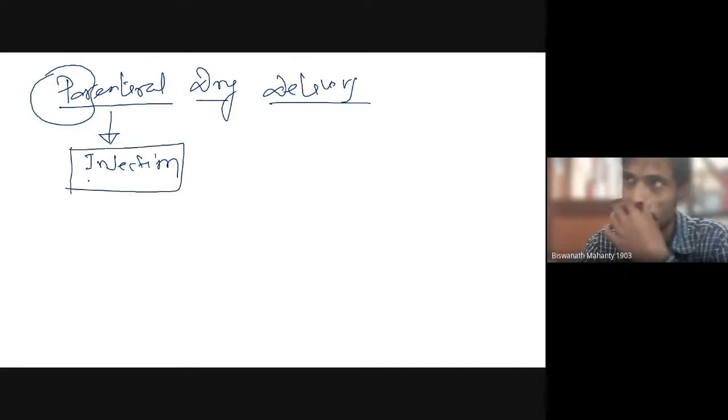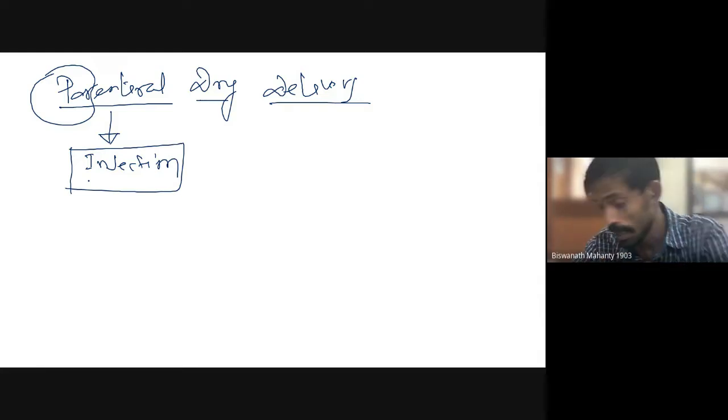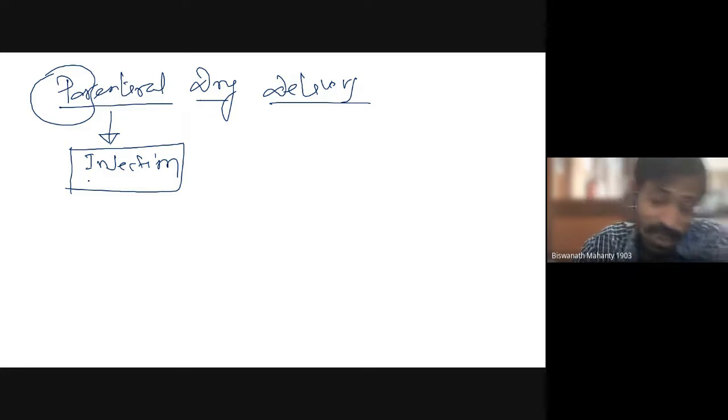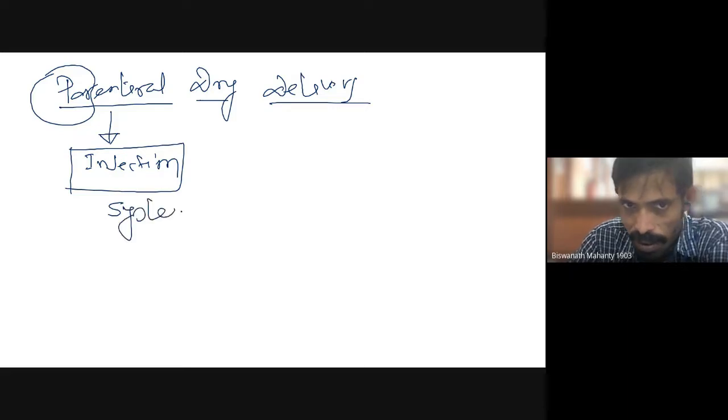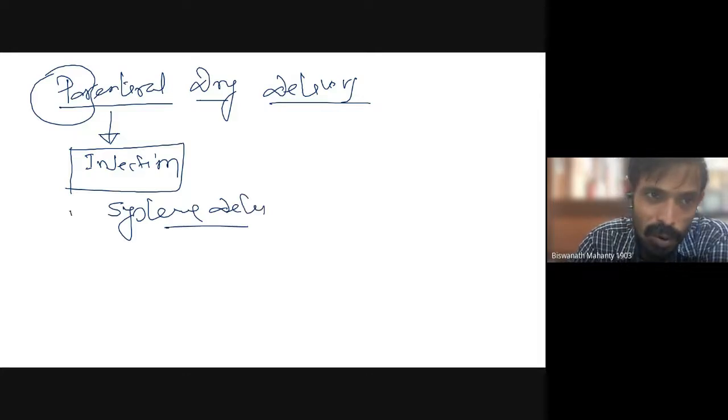Now, injection we all know very well, but there are some specialized injection varieties we'll also be talking about. Injection is applied for systemic delivery. Systemic means throughout the whole body together.